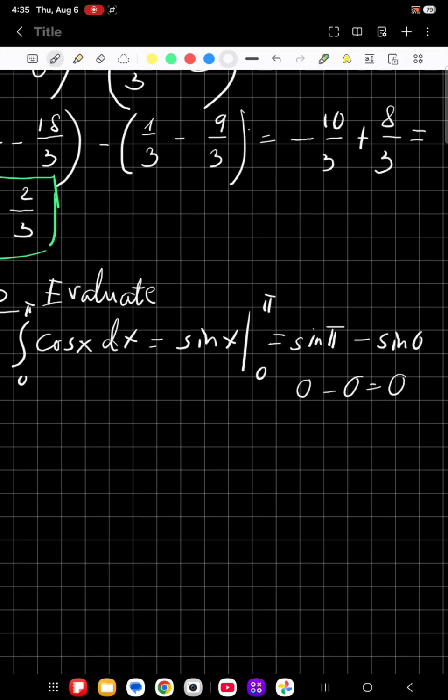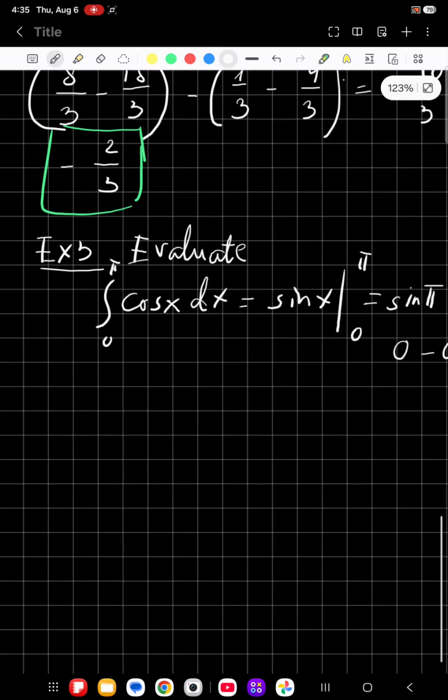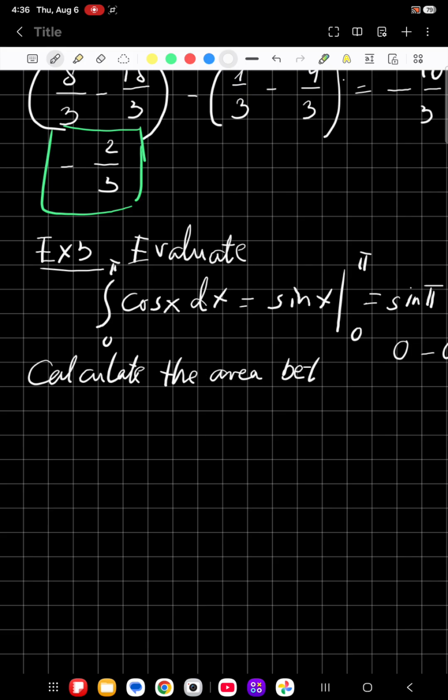Okay, so that was pretty simple, right, if you know the trigonometric functions and their derivatives. But let's say we want to calculate the area between the curve f of x equals cosine x and the x-axis.